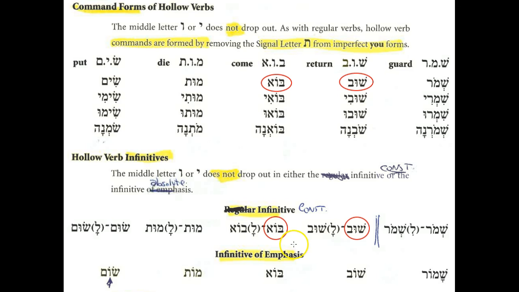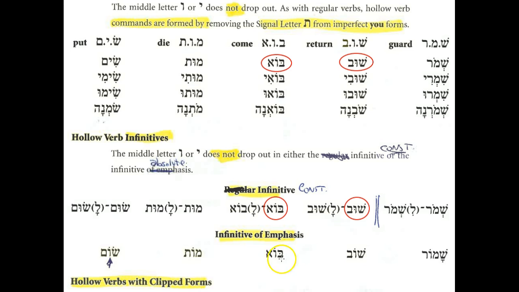Unique to the infinitive absolute, and let me just write that there to remind you that that's the preferred terminology, is that the hollow letter in the infinitive absolute is always a holum vav, even with a verb like sim, where the middle radical is a yod.